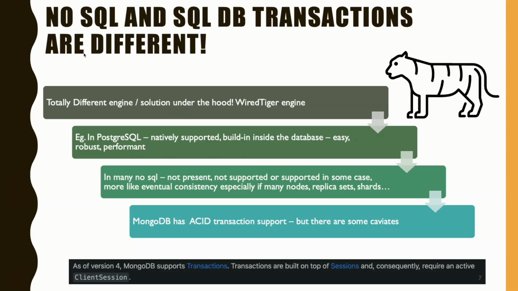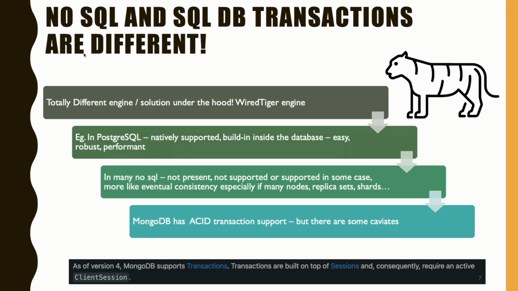Let's compare those two databases, because indeed they are quite different. First of all, in Mongo database there is a totally different implementation inside the database. There is a different engine, different logic inside the database for how to handle every operation, how to commit and roll it back.